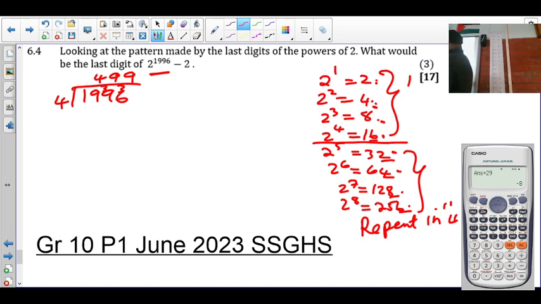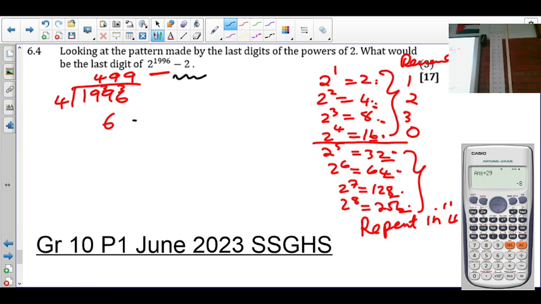If the remainder was 2, the units digit will be 4. If the remainder is 3, the units digit will be 8. Could I get a remainder of 4? No, it will be divisible, so that is back at 0, and the units digit here is going to be 6. Now 6 minus 2 is going to be 4. So the units digit must be 4. That gets you 3 marks.